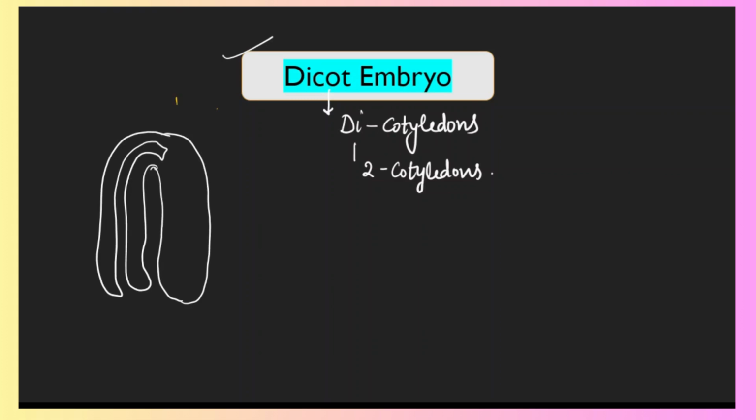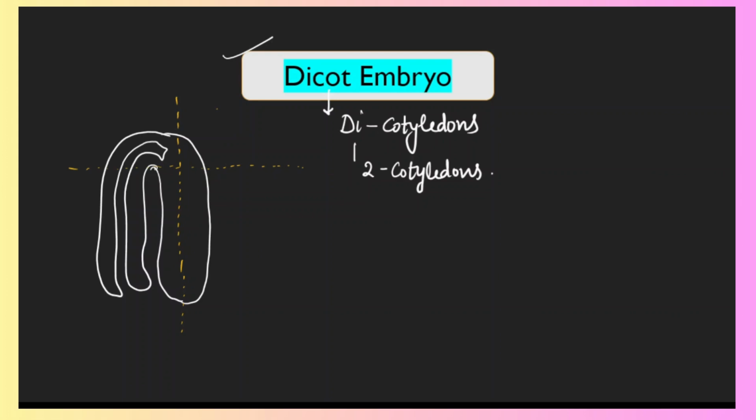If this is the dicot embryo, we are going to draw the embryonal axis of it. So this is the embryonal axis.